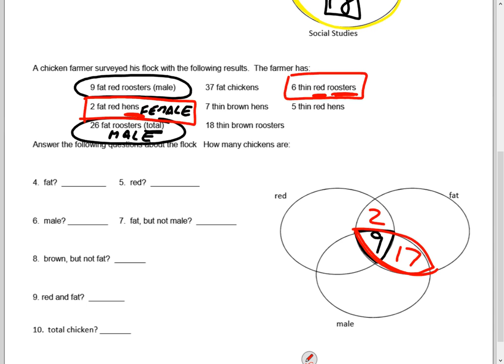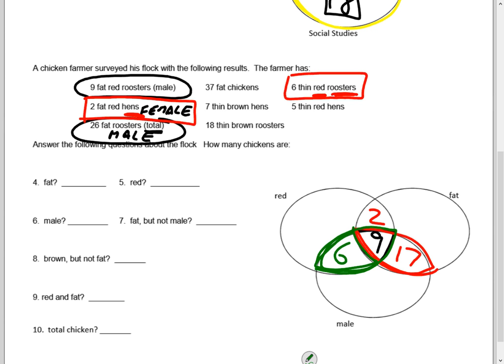Red and roosters. So I'm looking at the intersection of red and male, which is this area. But since it's thin, it can't be in fat. So really, I'm just looking at this little area here. So sometimes you look at the entire intersection, sometimes you have to look at pockets of it.